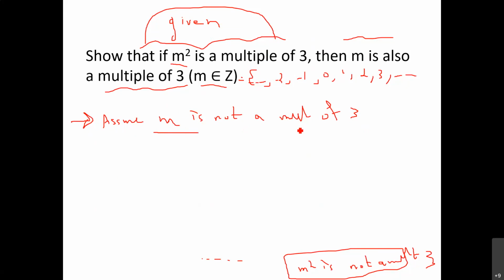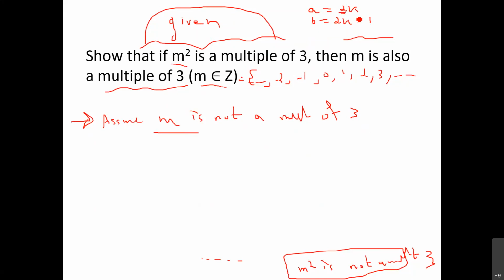Okay. But what does it mean to be a multiple of 3? Or not a multiple of 3? Well, before we said if something is even, it's going to be 2k. If something is odd, it's going to be 2k plus 1. Like your divisor, the thing you're dividing by, which is 2.